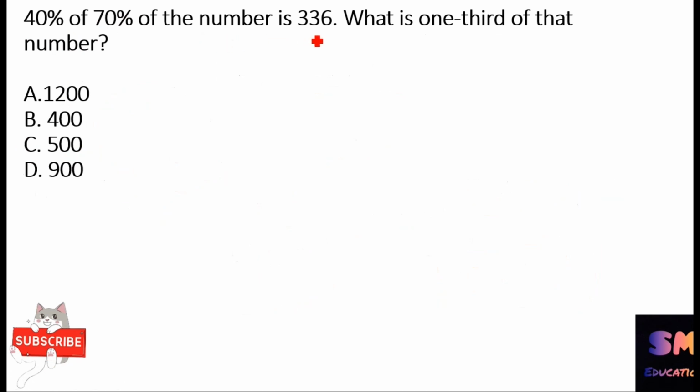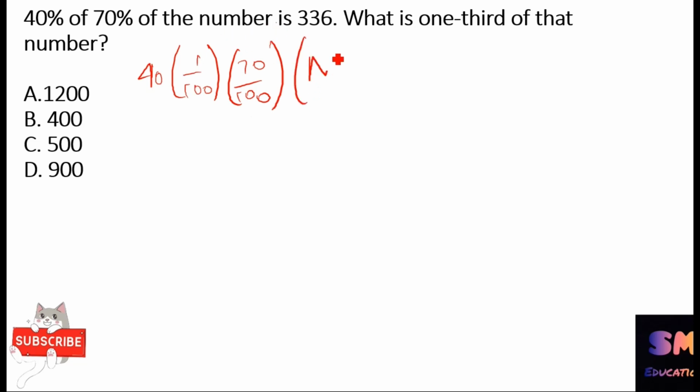Next one. 40% of 70% of the number is 336. 40% of means we have to multiply. 70% of the number. We don't know that number, so let the number be n. Is means we have to substitute equal to in the place of is. Is 336. Let's solve this condition.